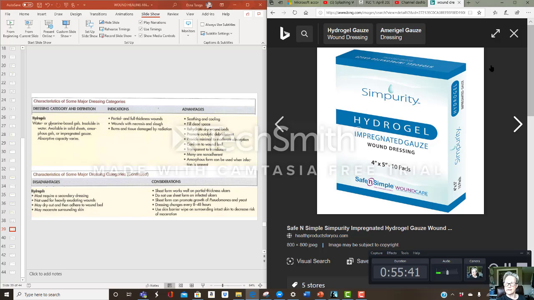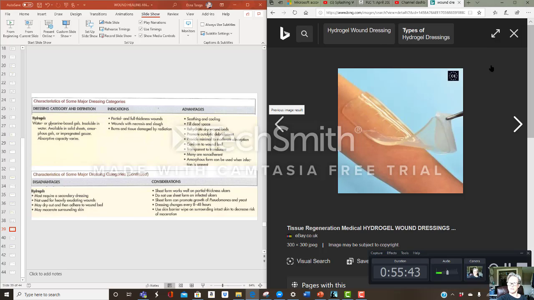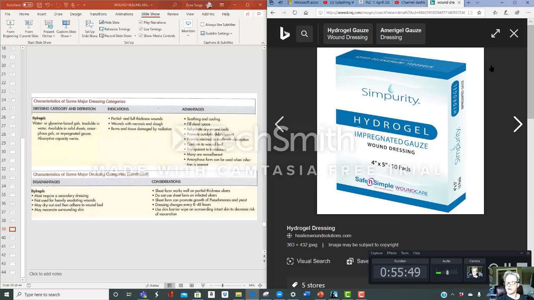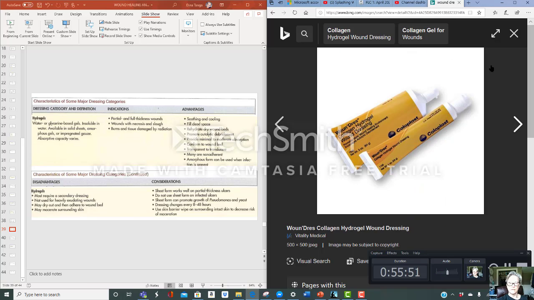Here's the impregnated gauze. And there's a sheet. And there's the gel. The capacity varies. Promotes autolytic debridement, rehydrates dry wound beds, fills dead space, provides minimal to moderate absorption, conforms to wound bed, transparent to translucent. Many are non-adherent.